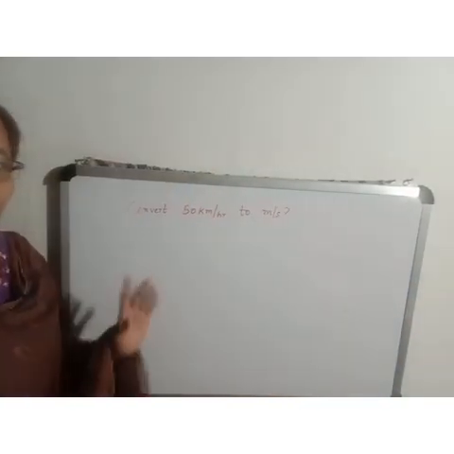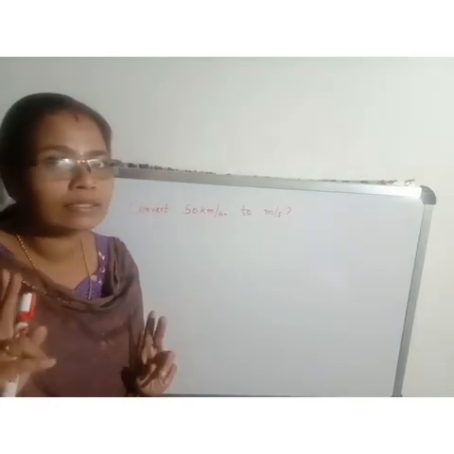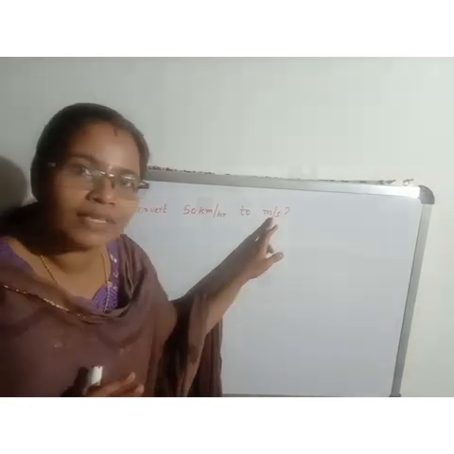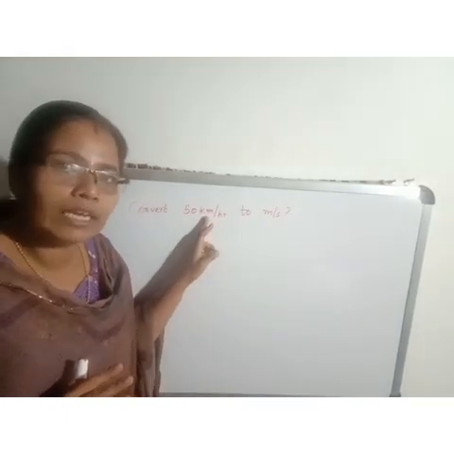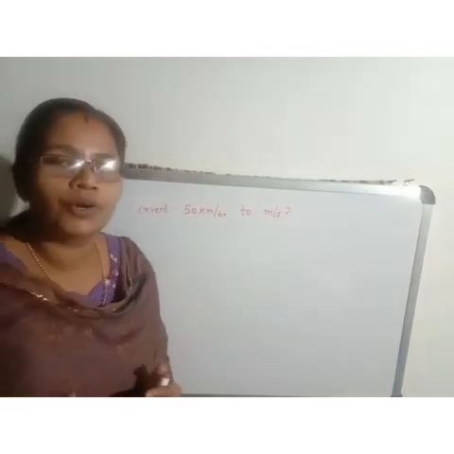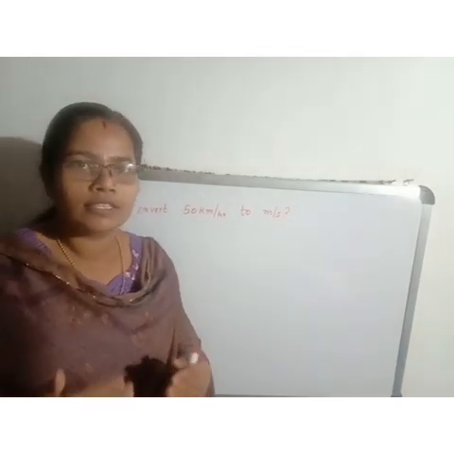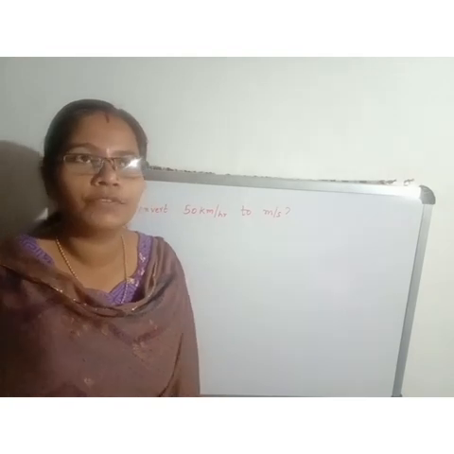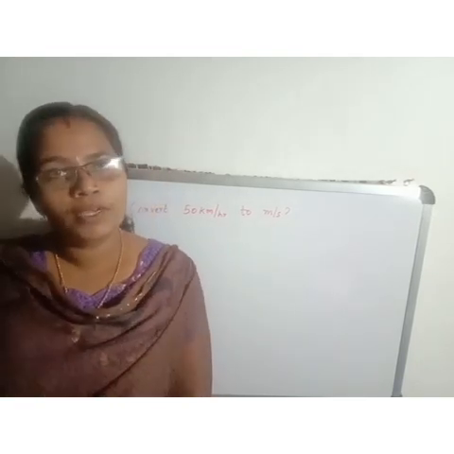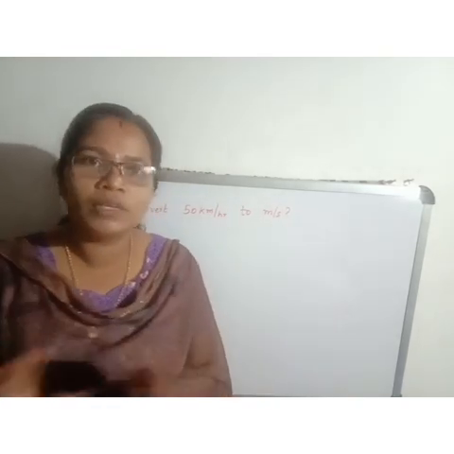Here we know velocity or speed has 2 main units. One is meter per second and the other is kilometer per hour. So usually in your lower classes, in the case of distance, we convert meter to kilometer, kilometer to centimeter, centimeter to meter, and like that.